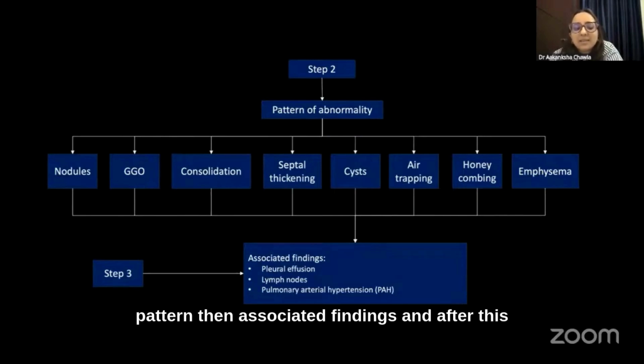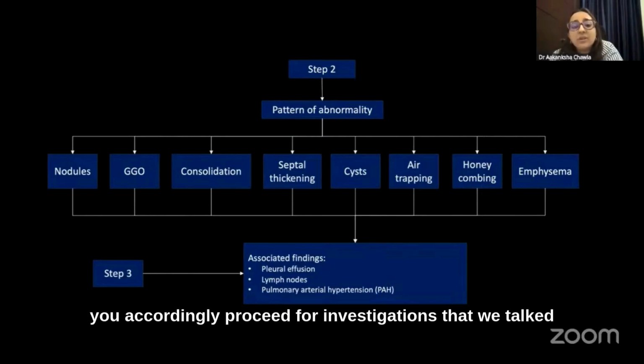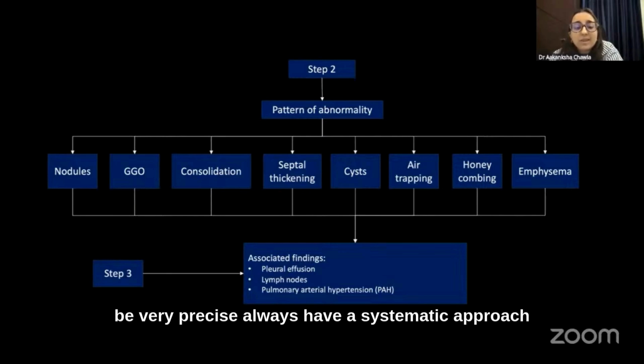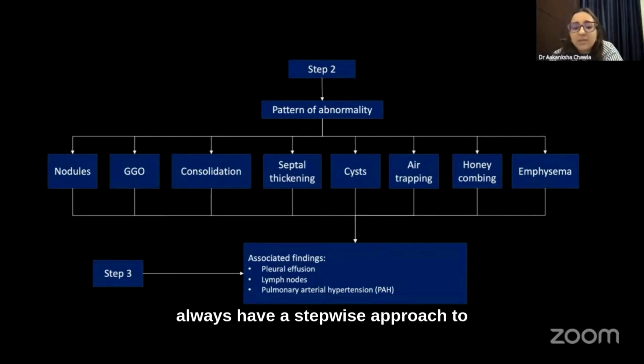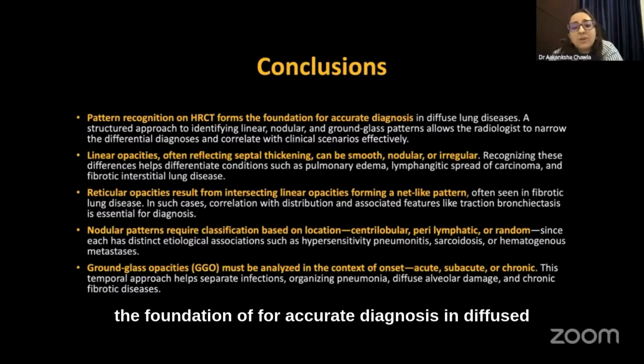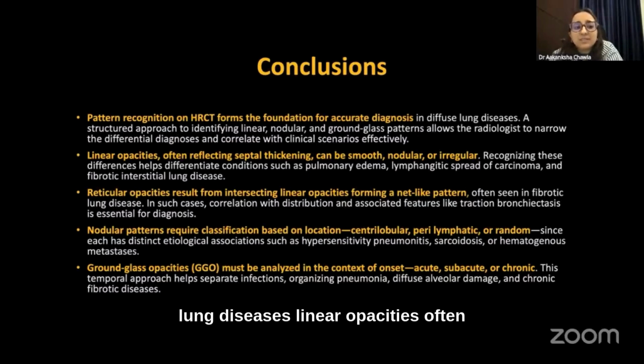Then associated findings. And after this, you proceed for investigations, which is your step four. So you have to always be very precise, with a systematic, stepwise approach to identify the underlying diagnosis. To conclude, pattern recognition on HRCT forms the foundation for accurate diagnosis in diffuse lung diseases.